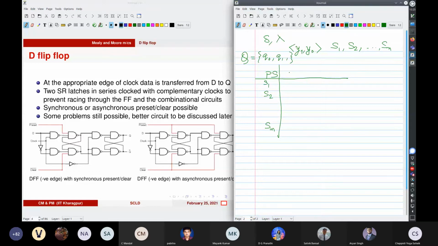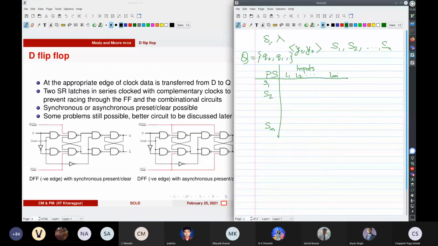And then I have inputs, whatever you like to call them. So you have the present state, you have inputs. Your inputs could be I1, I2, and so on, up to IM.